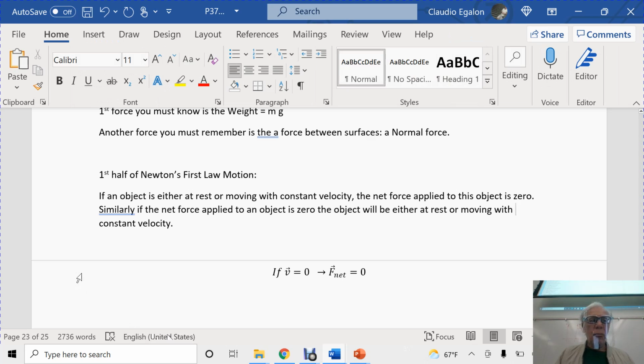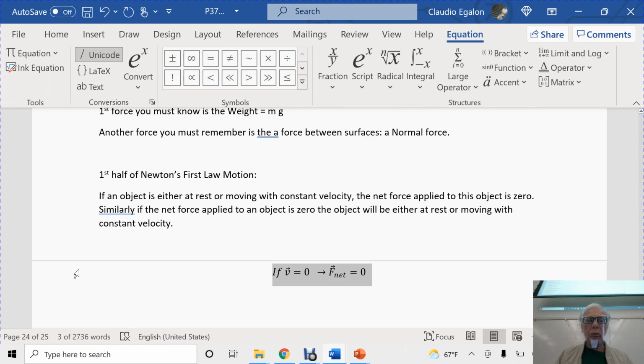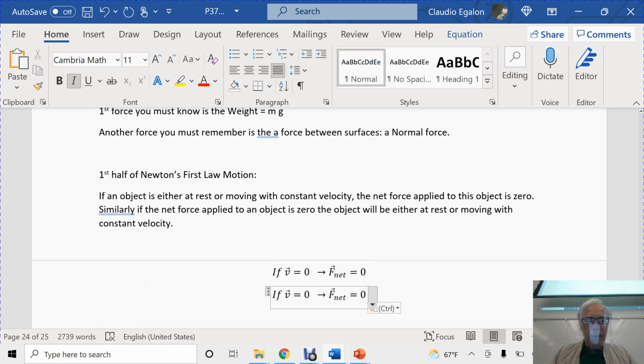But that's just half of the whole thing, right? So if v is also constant, the same thing holds. And it works both ways. It can go from here to here, but it can go from here to here as well.